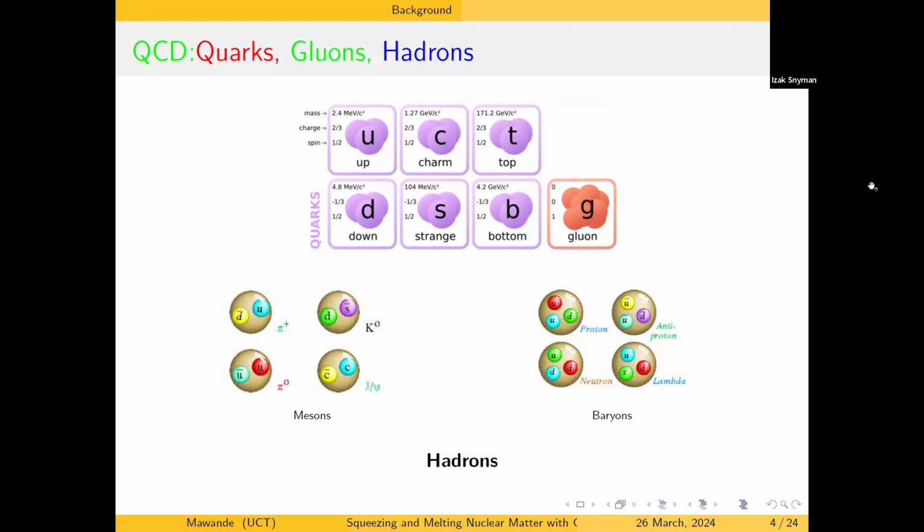They carry a so-called color charge, where a quark can carry a color red, blue, or green, say, which forms a kind of 3D color space. What's special about these quark states, the so-called mesons and baryons, is that they have to be neutral in color.